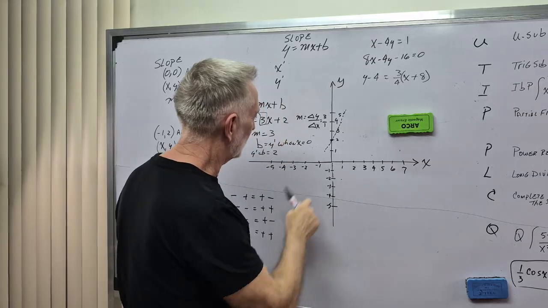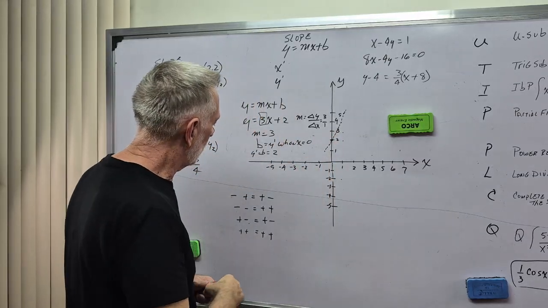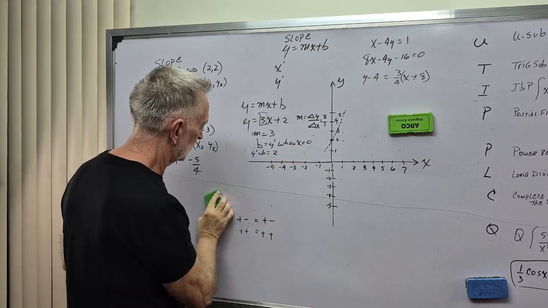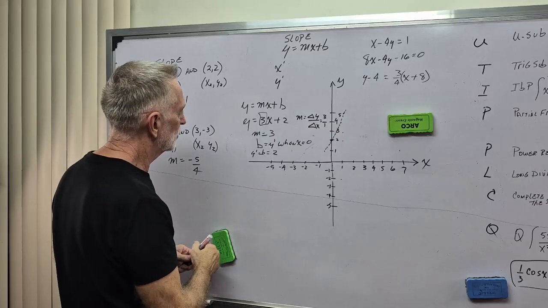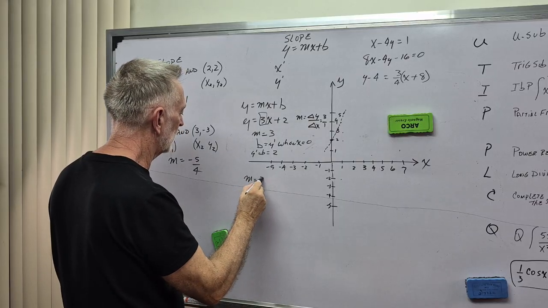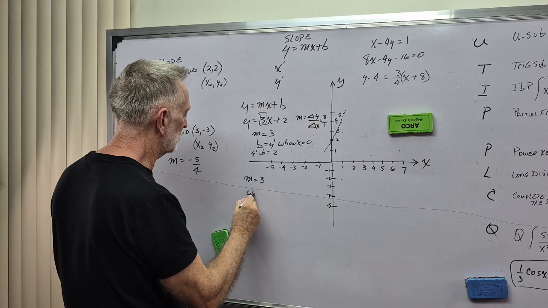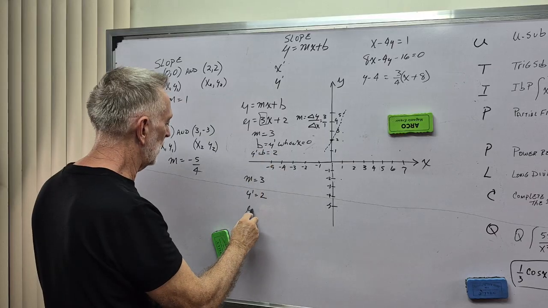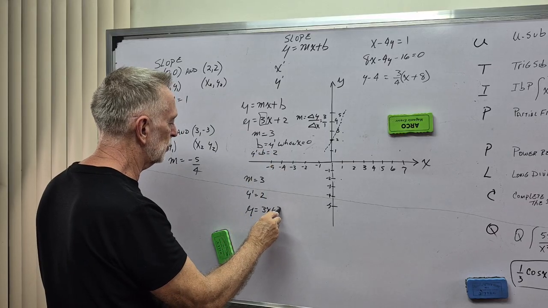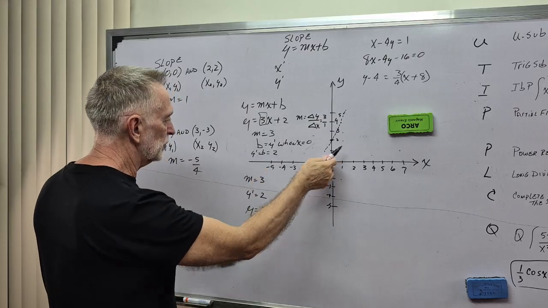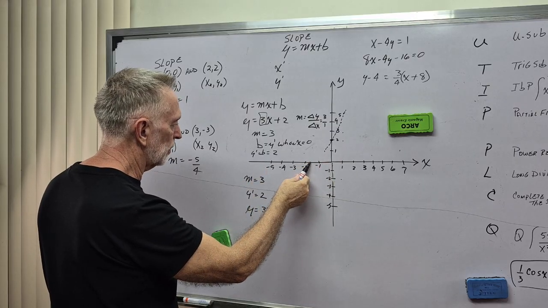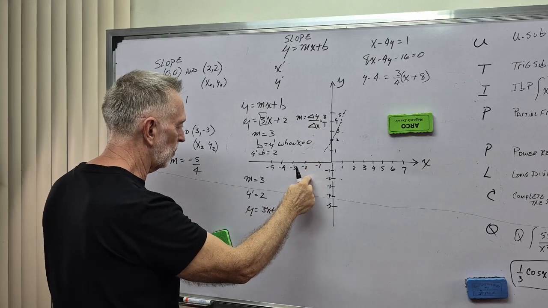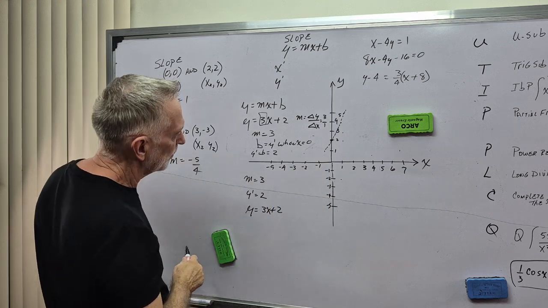Okay, it's a straight line, sorry. Now what about the x-intercept? So we have m equals 3. We have a y-intercept that equals 2. And our equation was y equals 3x plus 2. The x-intercept occurs when y equals 0, because I'm along the x-axis. There's no positive y or negative y. I'm somewhere on there.